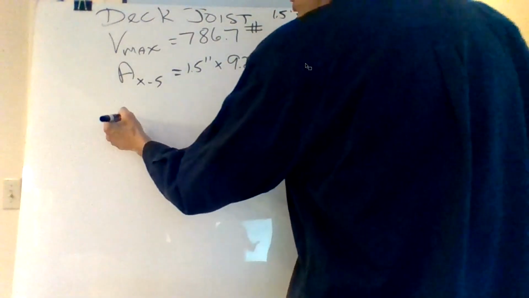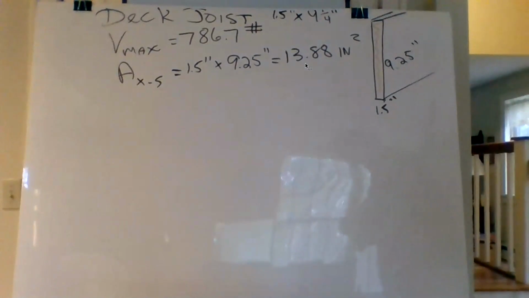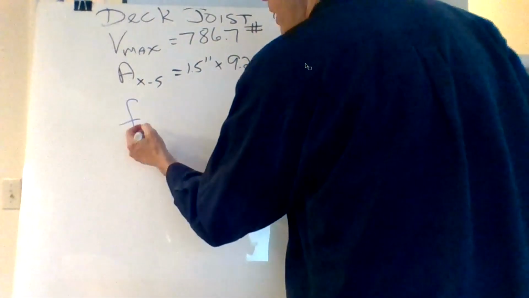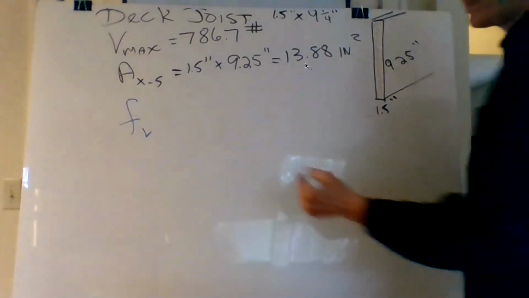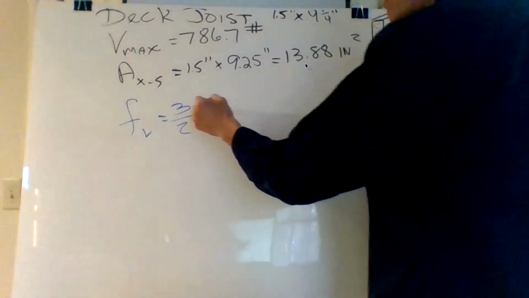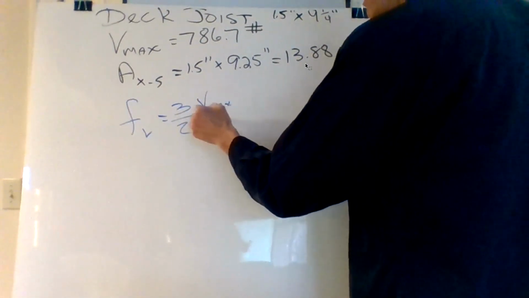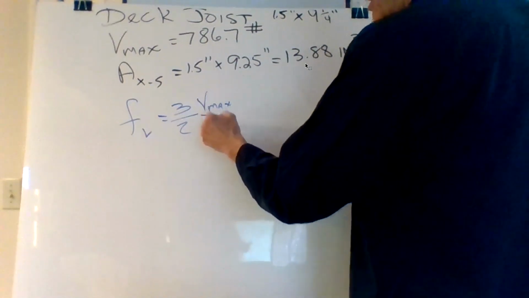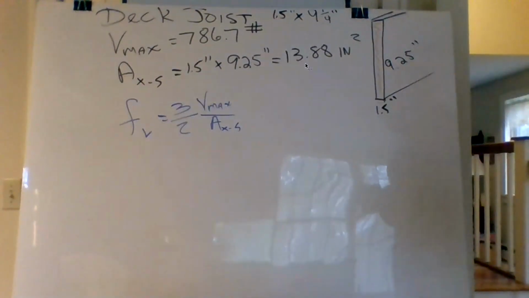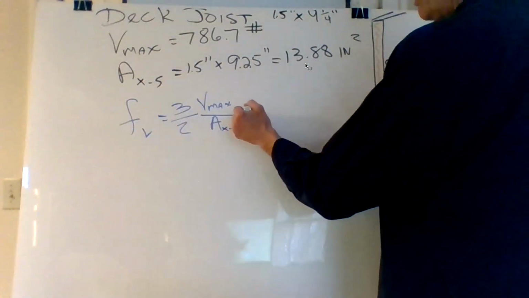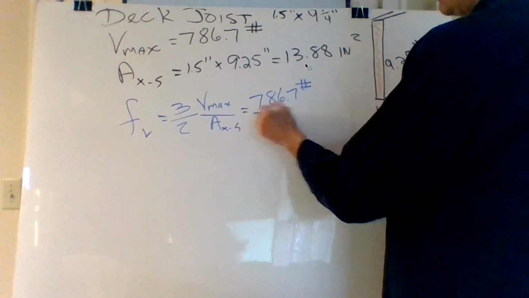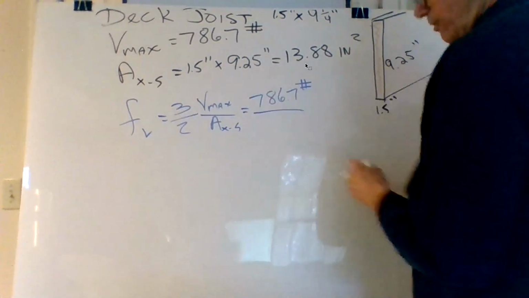So the shear stress, little FV, is equal to 3/2 or 1.5 Vmax over area, cross-sectional area. Okay? Well, we said that was 786.7 pounds divided by, whoops, we forgot the 3/2.